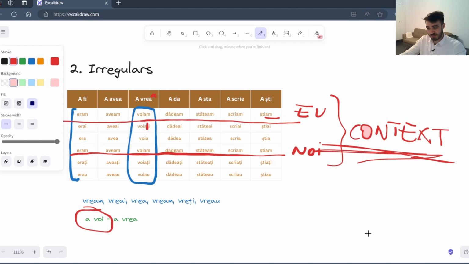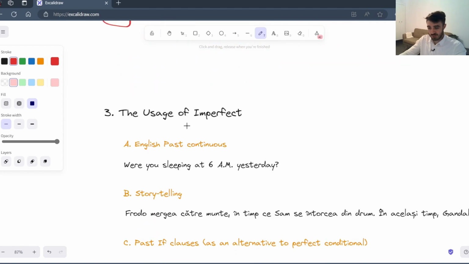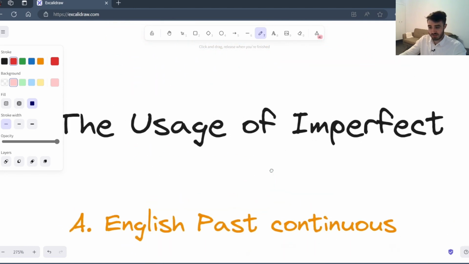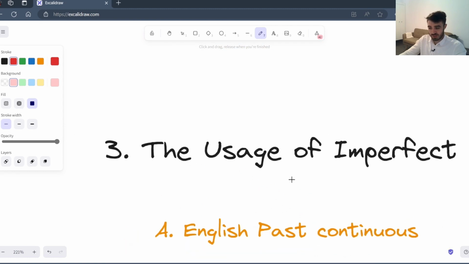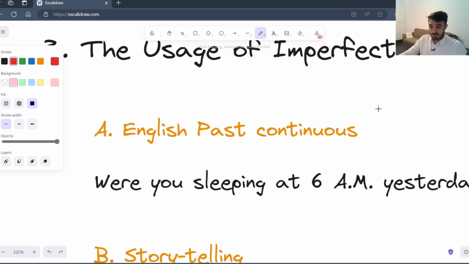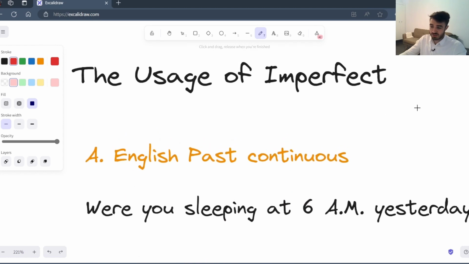it from the context. And then finally we get to the best part, the usage of the imperfect. Here I will touch on probably the most important ones, and as I said in the beginning, there are some usages that are more straightforward than others. And the most straightforward one is this one. It's the English past continuous.